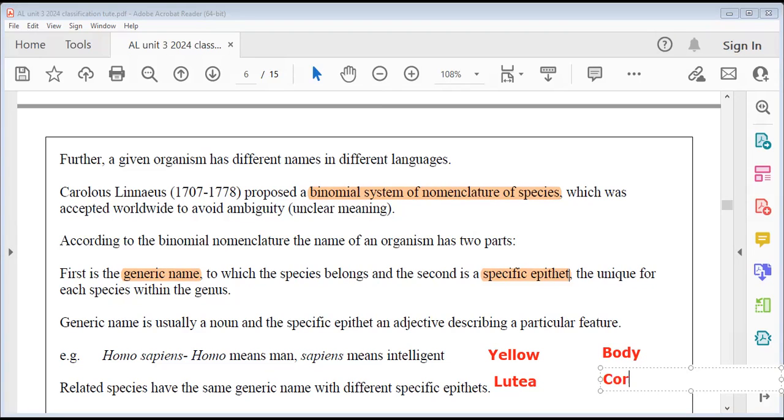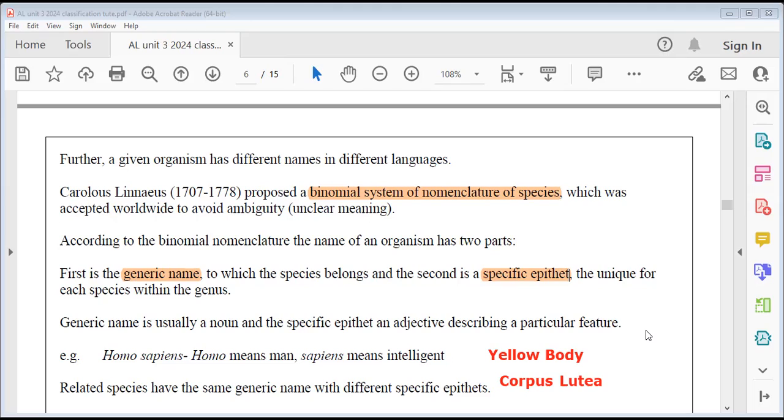You know, corpse is also a word referring to the body, correct? When you assemble this in English, you say yellow body. When you assemble it in Latin, you have to assemble it like this. That means the adjective comes in the second position, on the right side.